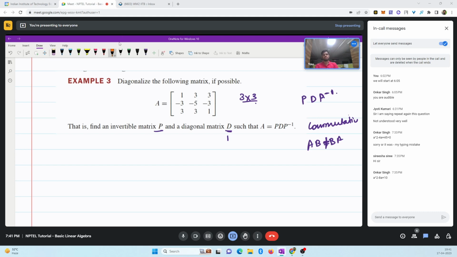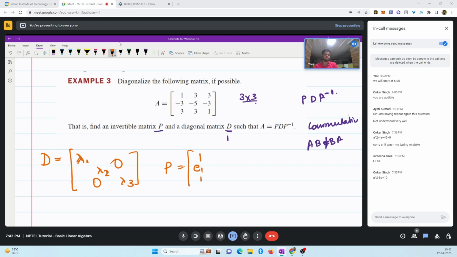So how do we approach this kind of question? I'll tell you how we construct D. The D matrix is such that its diagonal entries are the eigenvalues of this particular matrix A. And P is such that its columns are the corresponding eigenvectors.